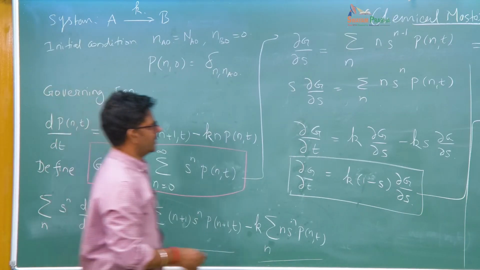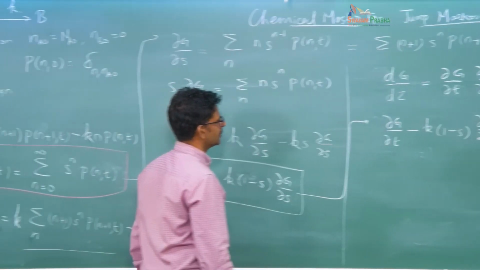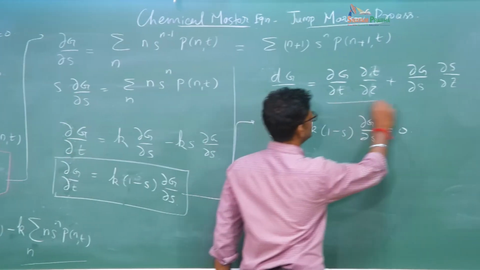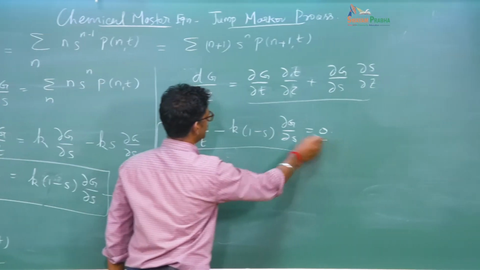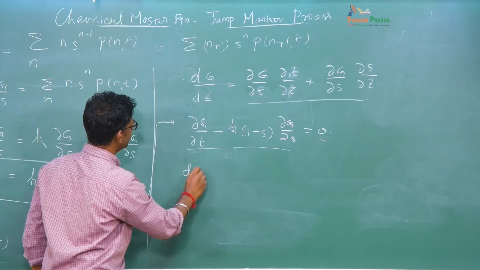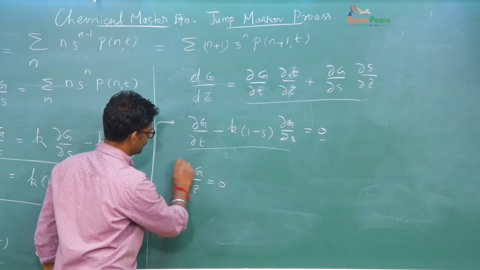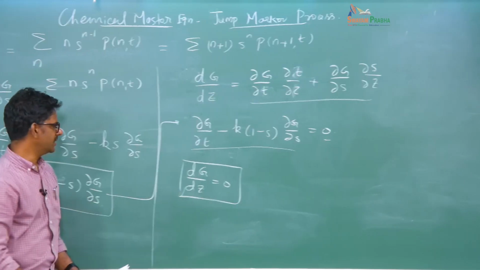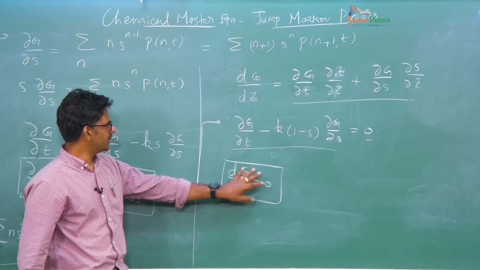Now if you look at these two, you see that this term and this term have the same characteristic, so basically we see that dg by dz equals 0. This is what I was mentioning, that any change along Z is 0, so this is one relationship.